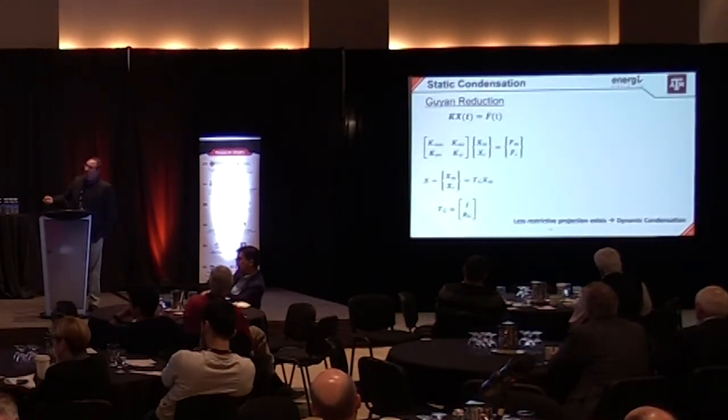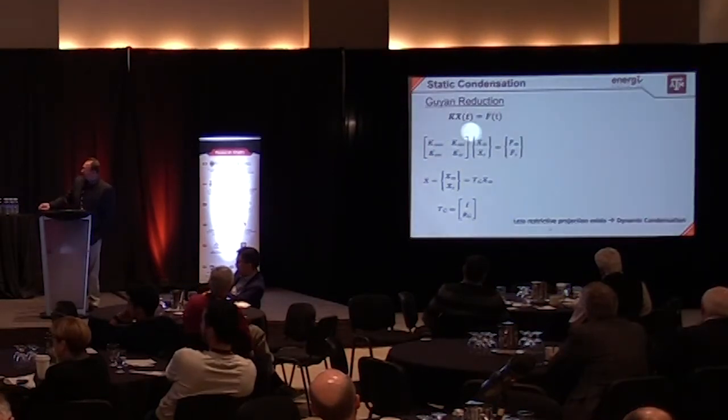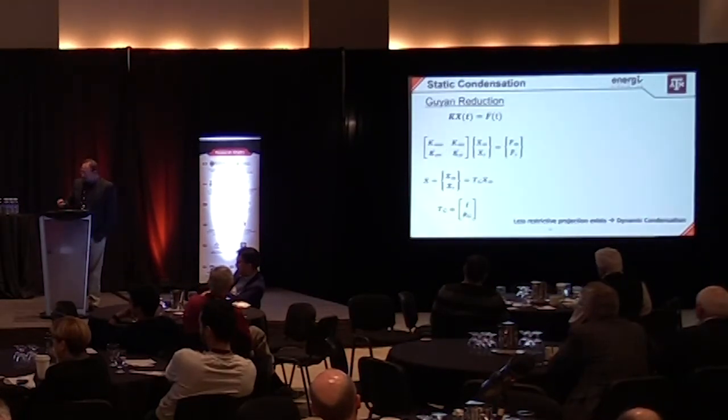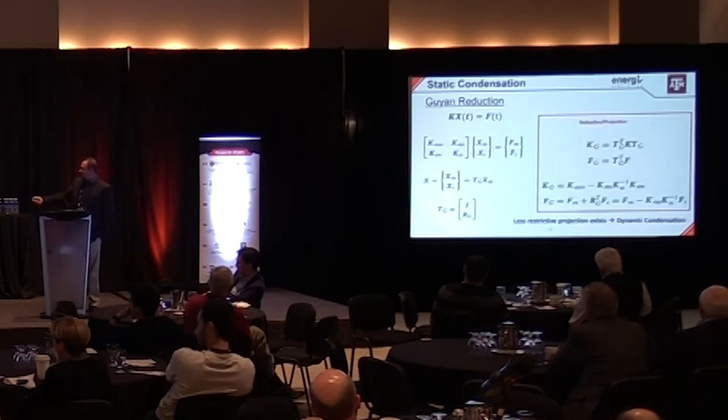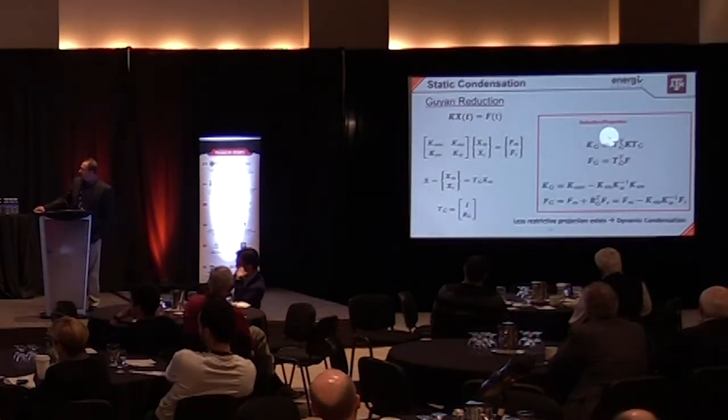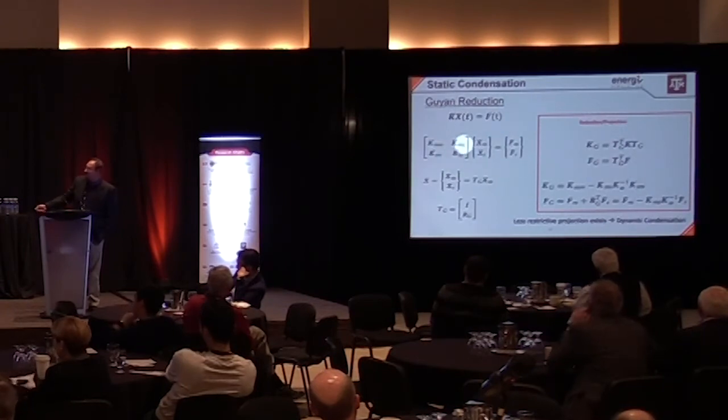Of course, this is another issue, but at least coming up with this partition, it is simple. Once you partition that, you can simply create your projection matrices based on doing what's called a Schur complement of that matrix K here. And that is your reduced model.